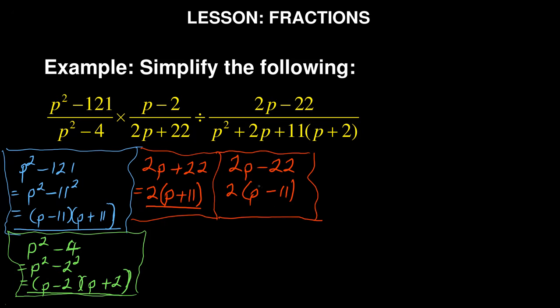So I think you can see how the examiners are able to bring something that looks a little bit scary, but actually it is way simpler. Now let us look at the last one, this long last one. In this one I've got p squared plus 2p plus 11 into p plus 2.